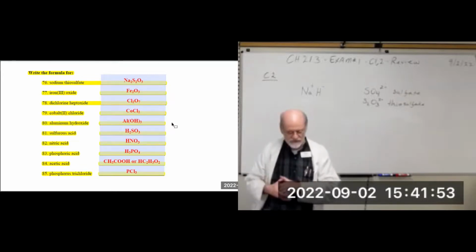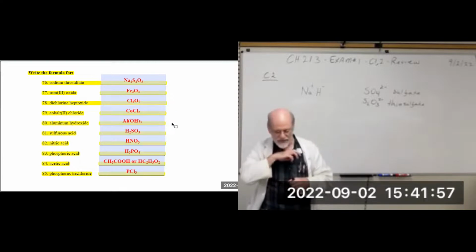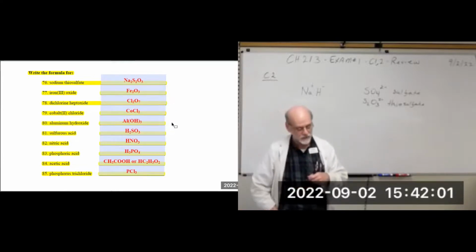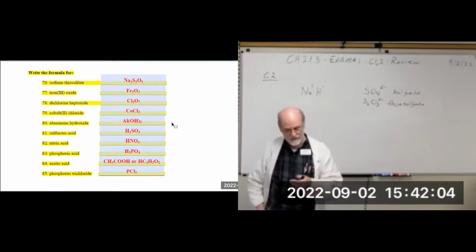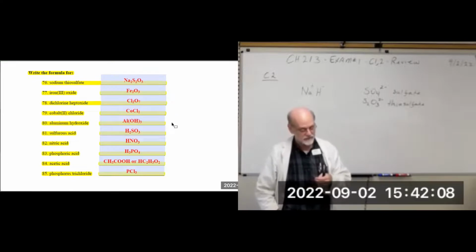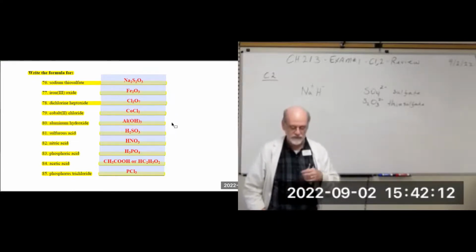But I'll accept H2SO3. Nitric acid, right? Nitrate becomes ic, so NO3 is nitrate. Phosphoric, ate becomes ic. Phosphate is PO4, 3 minus. So that's phosphoric, which comes from phosphate.